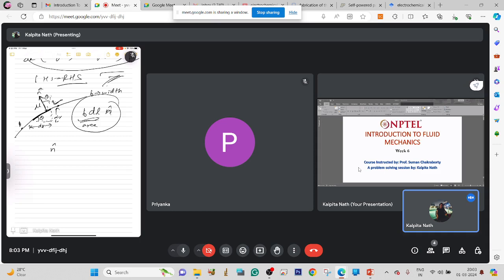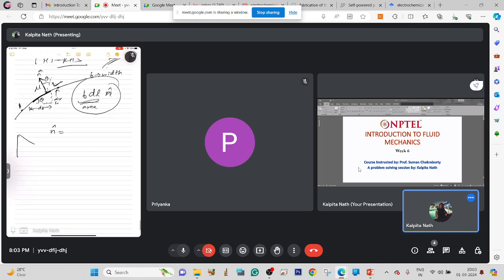Then n cap can also be written as, what can we write? Let me check. If we consider a triangular element, this is theta, this is n cap, this is dl, this is dy, this is dx.